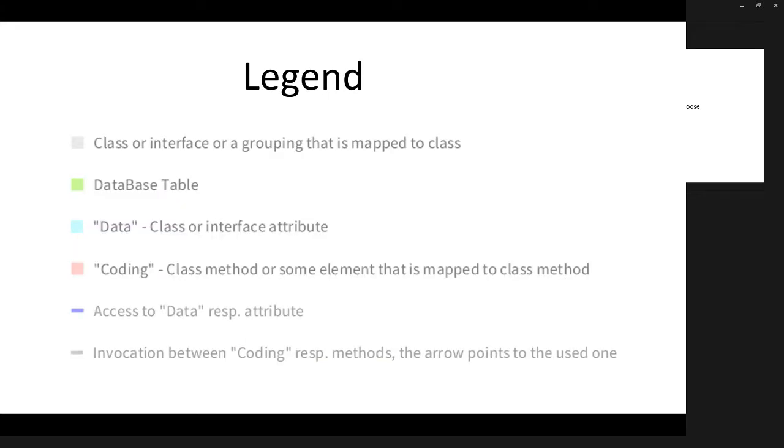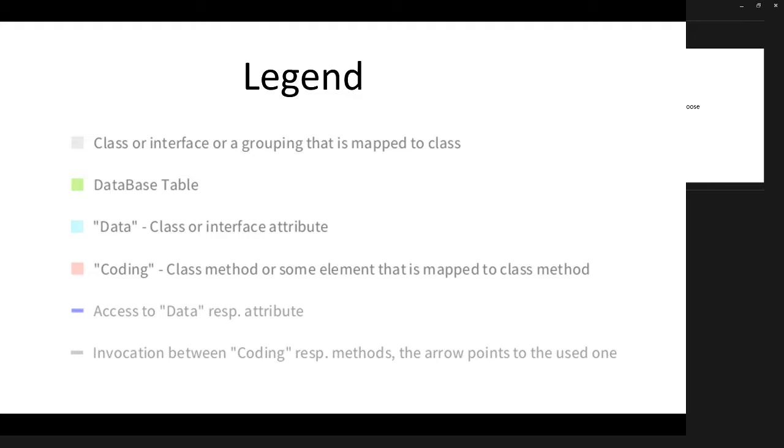What is to be found? Why are classes or something that is a grouping? Because I do not work only with ABAP. I work with everything that's somehow coding, and even Excel is a coding. A guideline for a colleague can be a coding. I mark database tables as green. Normally, I don't see database tables in UML diagrams.